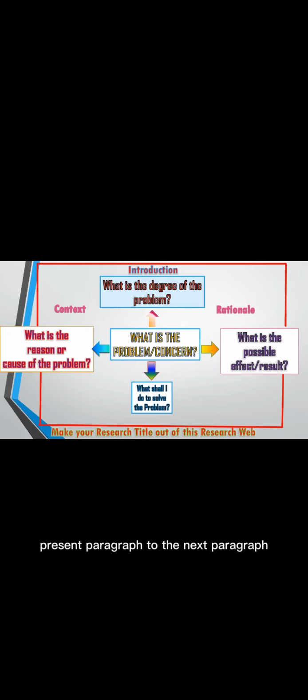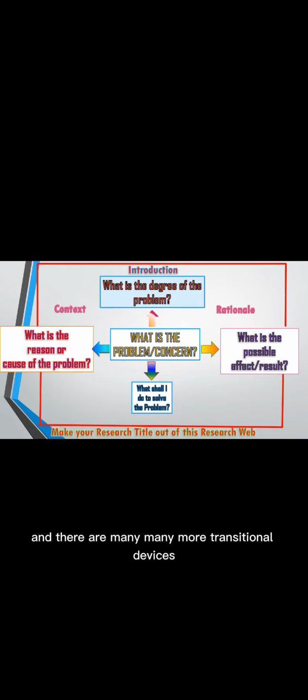Okay? Take note, we need to connect each paragraph to the other. Connecting our present paragraph from the previous is very vital, very important. And connecting our present paragraph to the next paragraph is still necessary. Why? Because they are interconnected. As I told you a while ago, it is similar to the spider making a web that is very well founded in terms of its connection.